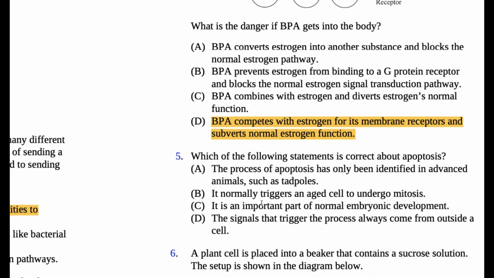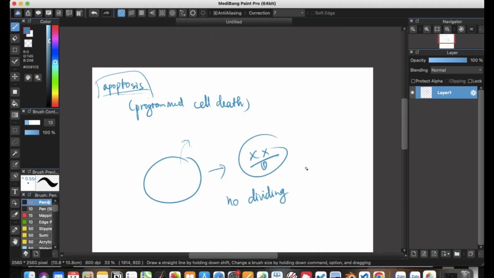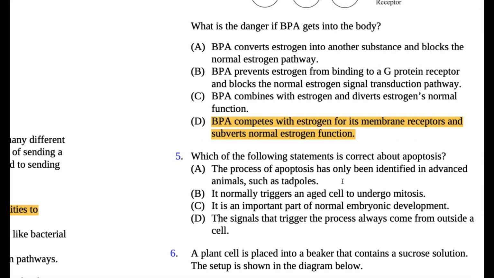Not just animals. Plants also have apoptosis, and it's actually very crucial in the development of plants. It normally triggers an aged cell to undergo mitosis, which is wrong because mitosis is a cell dividing process, right? And here, the cell is going to be dead. There's no dividing happening, so it can't be.